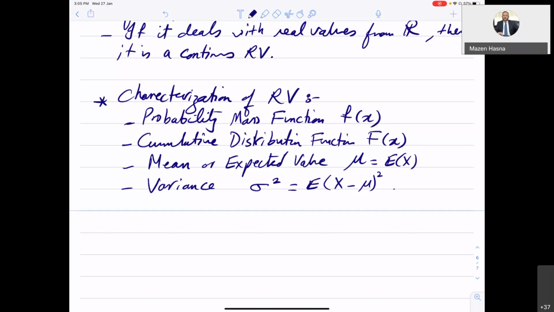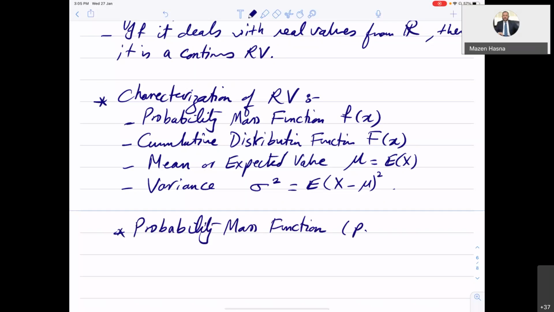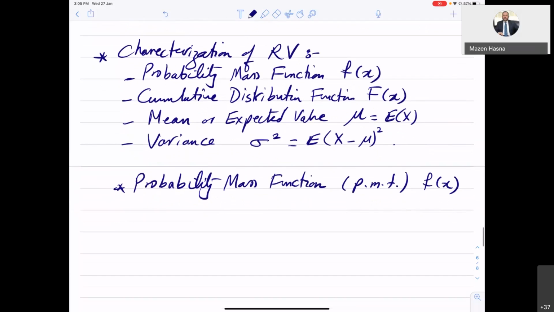So let's start with the first one, which is probability mass function. Some people write it as PMF, and we said it's a small f of x. So what does it mean?